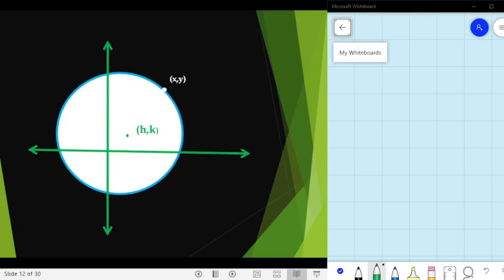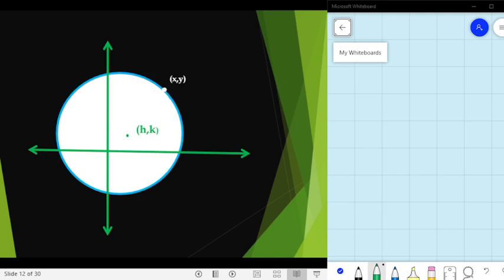Okay, let us recall that the circle has a radius. Right? The radius is the line segment connecting the center and any point on the circle.